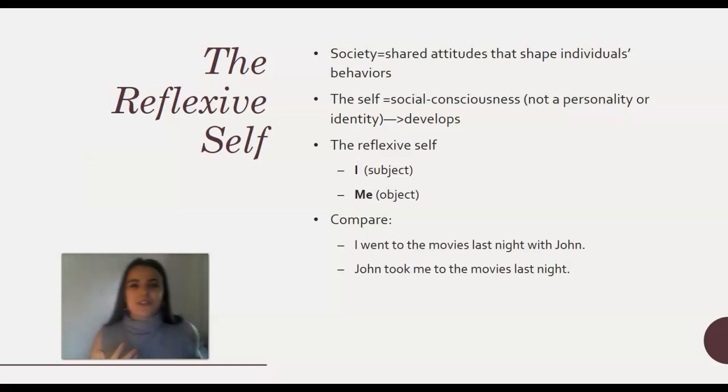Okay, so what does a social consciousness mean? Essentially, a social consciousness is just an awareness of you in the context of society, right? That you have an awareness of yourself, but you also have an awareness of other people and what they're doing, and as we're going to talk about in a little bit, what they expect from you, right? What their attitudes towards you are.